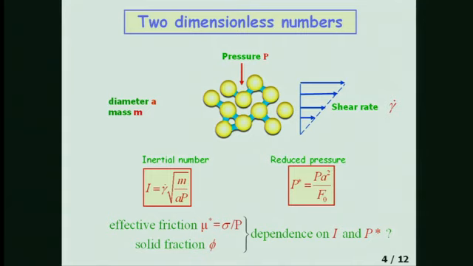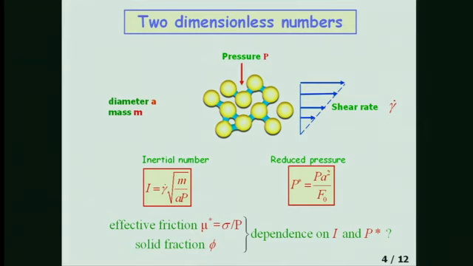This can be called the reduced pressure, the ratio of the typical force acting on the grains due to pressure to the cohesion force. And we want to describe the shear state through the dependency of solid fraction and effective friction as a function of those 2 dimensionless numbers.